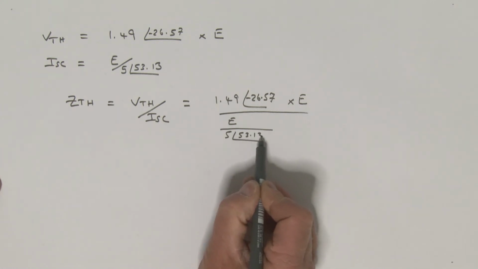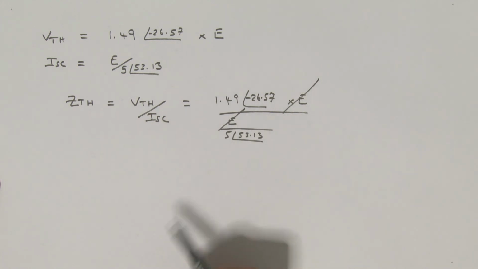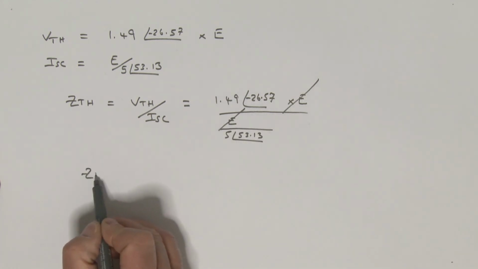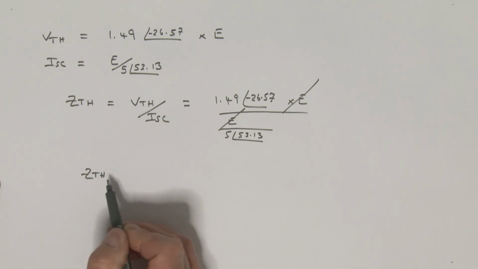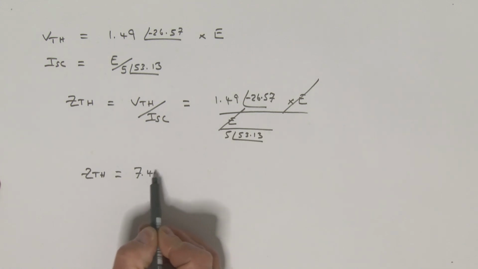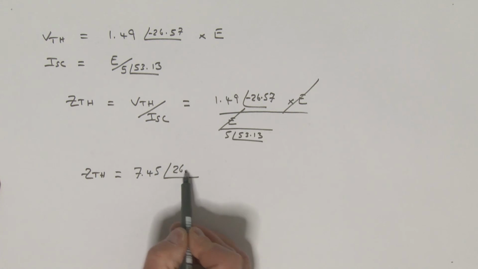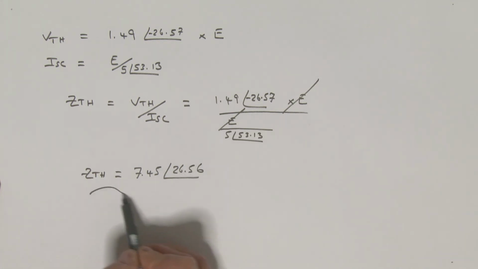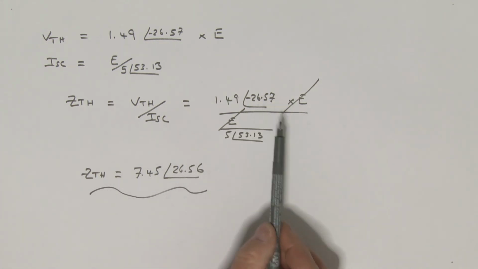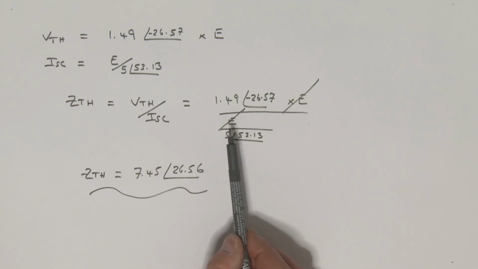Now you notice what happens here? This E cancels with this E over here. And so we can say the Thevenin impedance is equal to what we had before, 7.45 at an angle of 26.56 degrees.